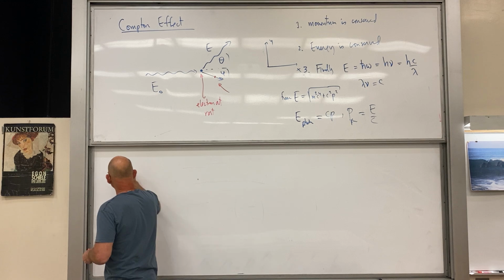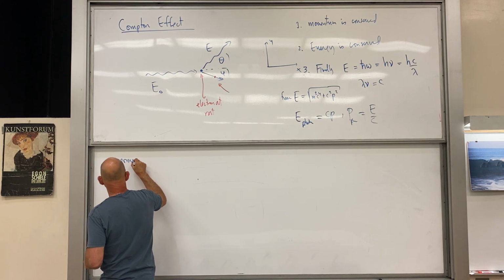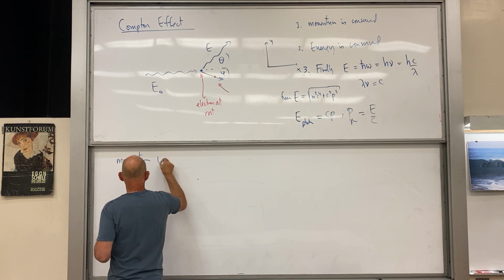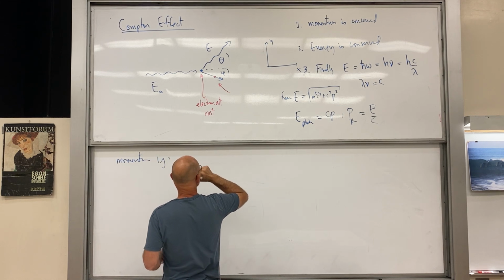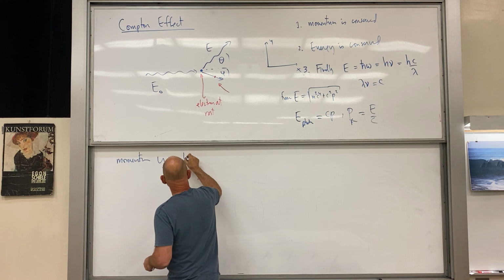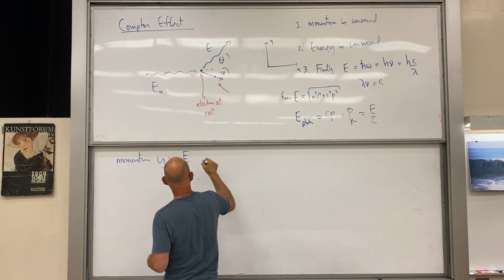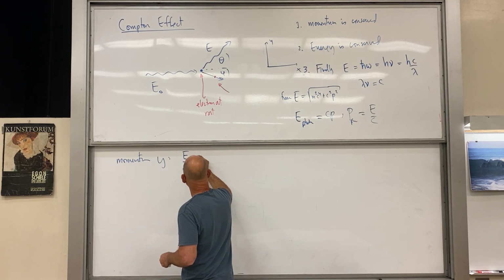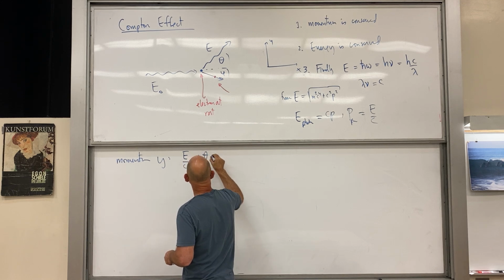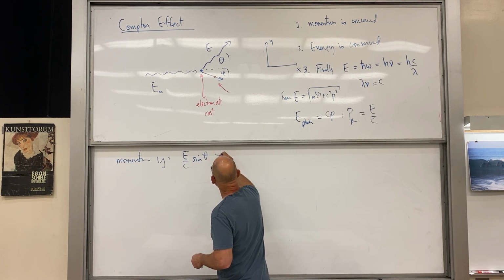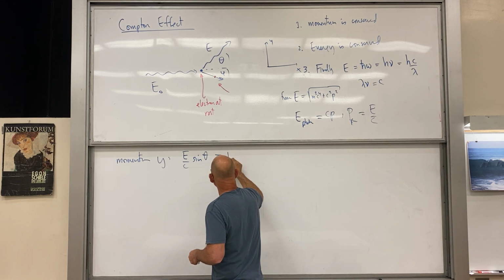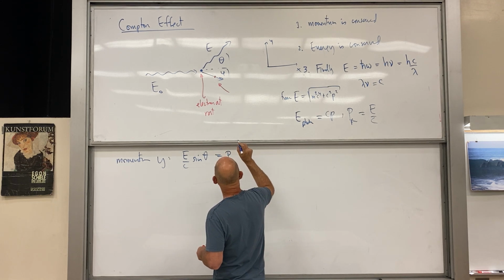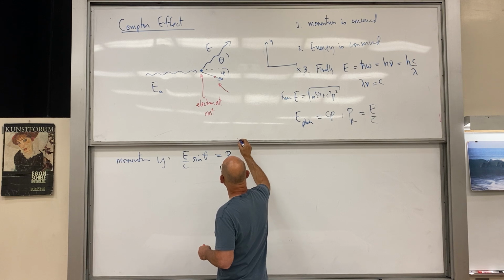So we have momentum in Y, and that would be E over c sine theta equals, equal and opposite down, p of the electron sine phi.